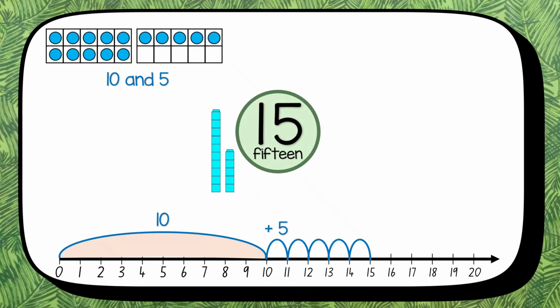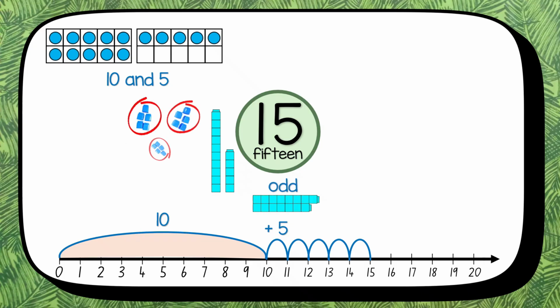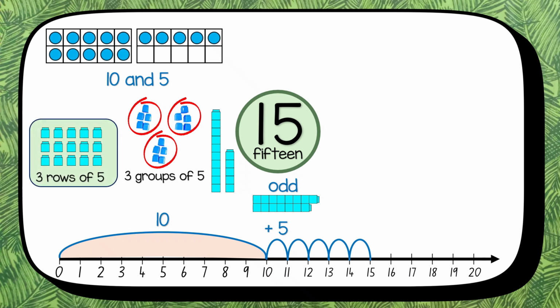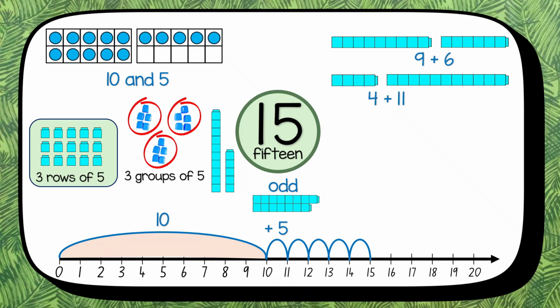We also know that 15 cannot be split into 2 equal parts, and that makes it an odd number. We can also show 15 as 3 groups of 5, and also 3 rows of 5 in an array. And of course, 15 is made of smaller parts that add to make 15.